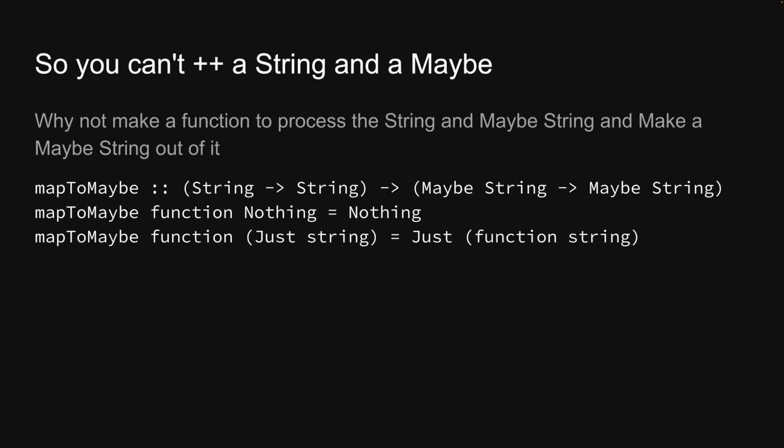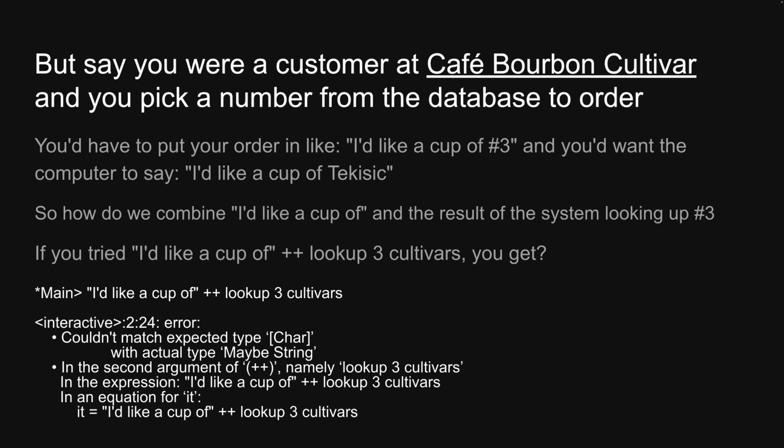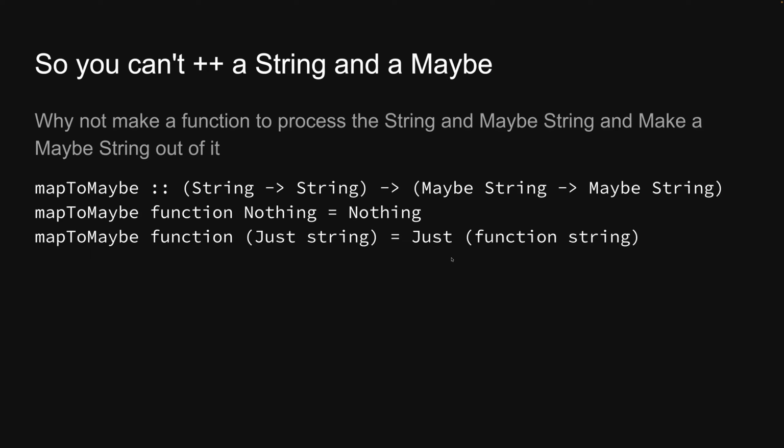And so the thing we're applying it to, if we look back here, is this lookup 3 cultivars. And so then we would say, okay, if we gave it a first argument that was a maybe string like the lookup, we would want to get out a maybe string from the whole calculation, right?